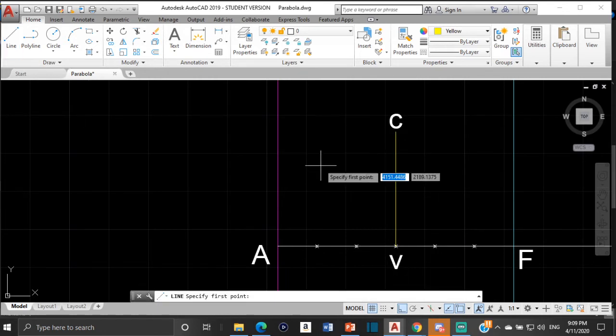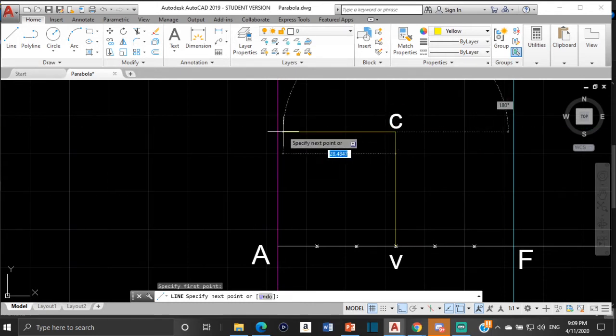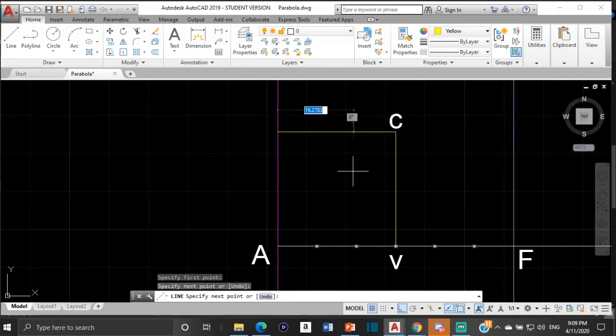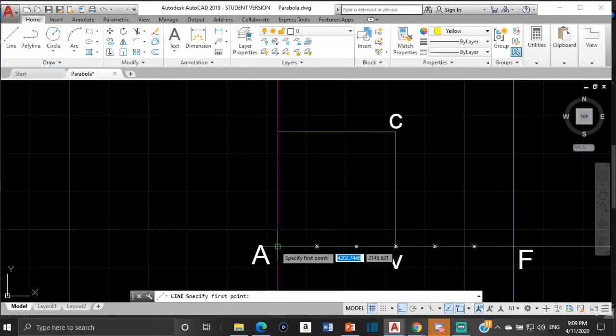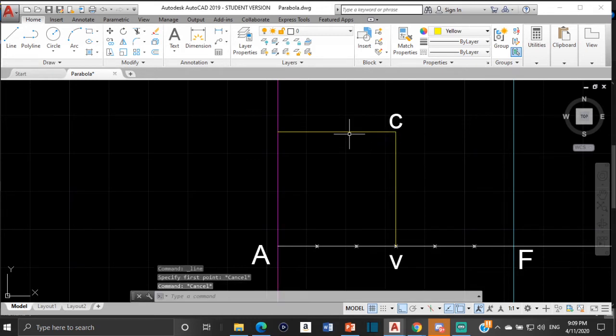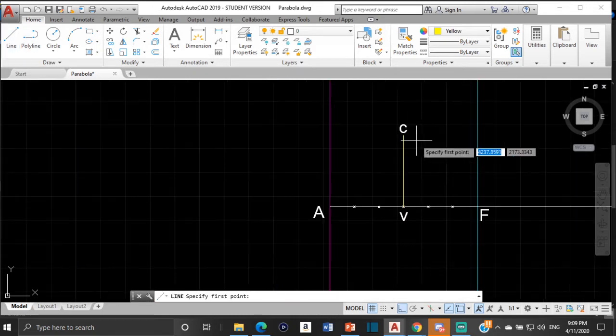And that means that if I was to draw a line from C to the directrix over here like this, I would be completing a square. And so that means that if I draw a line from A to C, then it is going to be 45 degrees.